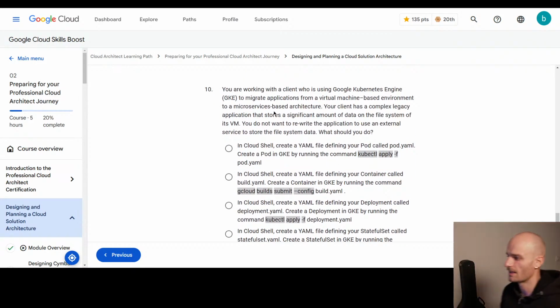You are working with a client who is using Google Kubernetes Engine to migrate applications from a virtual machine-based environment to a microservices-based architecture. Your client has a complex legacy application that stores a significant amount of data on the file system of its VM.